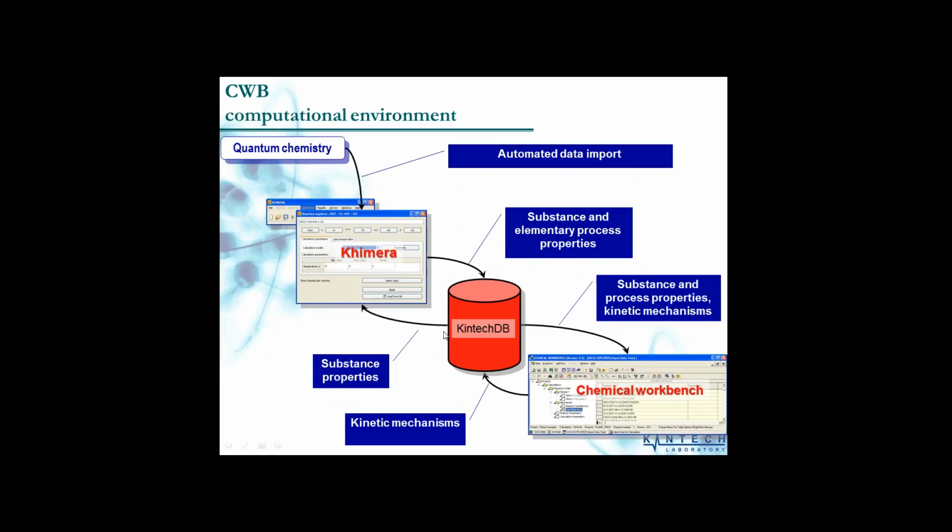And this environment consists roughly of three principal parts: the Chemical Workbench itself, a database of substance properties and kinetic properties, and the Chimera code for recovering unknown data and transforming this data into the kinetic database and the Chemical Workbench. This is the general structure of the Chemical Workbench environment.